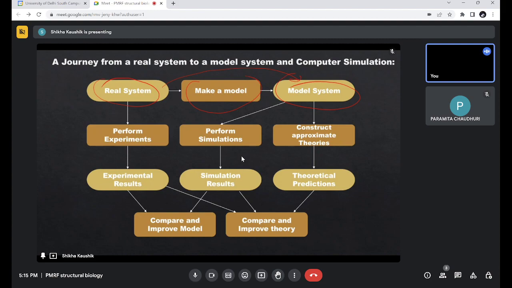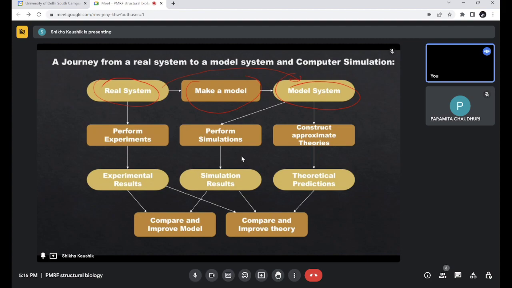We are using cells as a model, performing experiments with the idea that these cells depict cells present in a human body. I'm just giving you an example. So with a real system, you perform certain experiments, you get certain results, and you have something to talk about in reality for that particular system.